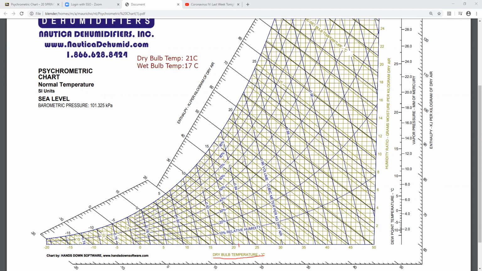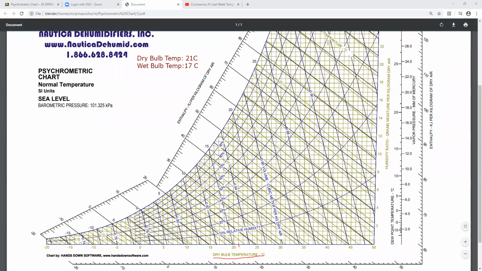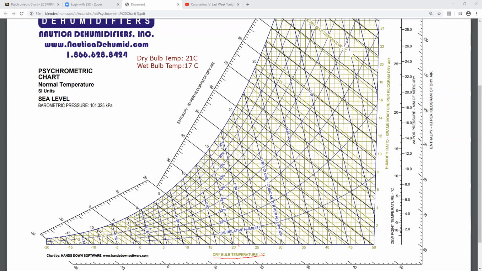Then the wet bulb temperature, I should remove this. You can see the lines go diagonally right here. So here you see a 25. This would be 26, 27, 28, 29, and this one is a 30. So here's the 20. We're looking at 17. Here's 15.